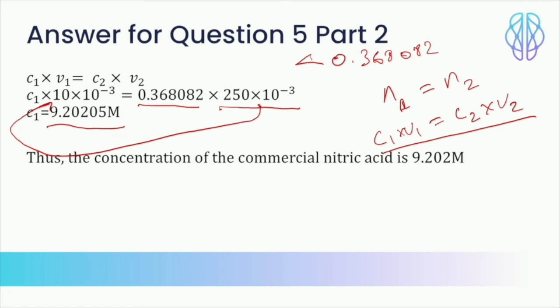We found that the concentration of the commercial nitric acid was 9.20205, and we diluted it down to this. If you got this and this mixed up, you would get a tiny number, and that makes no sense. That's not how dilutions work, unfortunately. So anyway, the final answer is 9.202 molar.